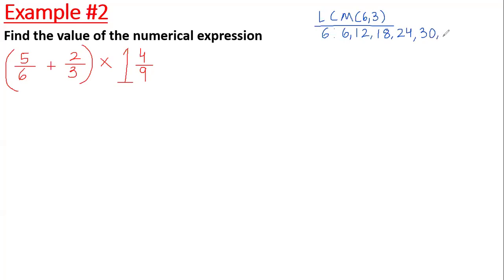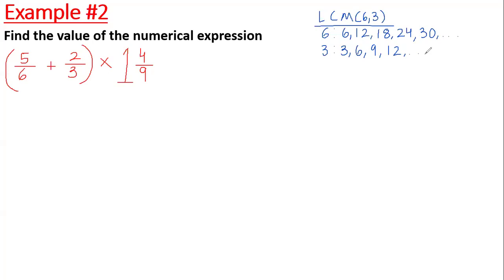What are the multiples of 3? 3, 6, 9, 12, 15. And the list goes on.